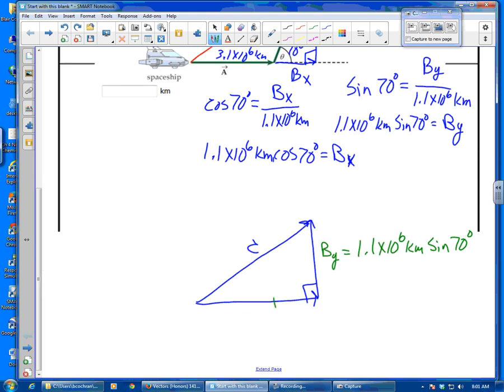And my x has two parts. It has vector A, which is 3.1 times 10 to the 6th kilometers, and it has B sub x, which we just said is 1.1 times 10 to the 6th kilometers cosine 70 degrees.